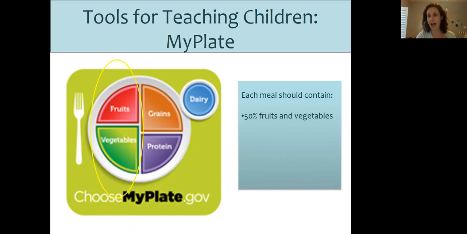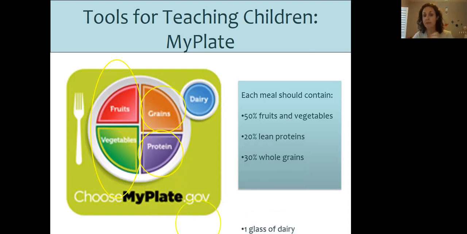Probably not. I should do the health tracker again because I could use a bump in some of these, especially in fruits and vegetables. About 20% should be our lean proteins, and then 30% should be our whole grains, right? And then we've got a cup of dairy, so 8 ounces or so of dairy as a drink.